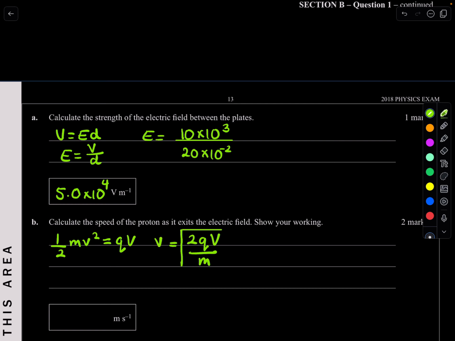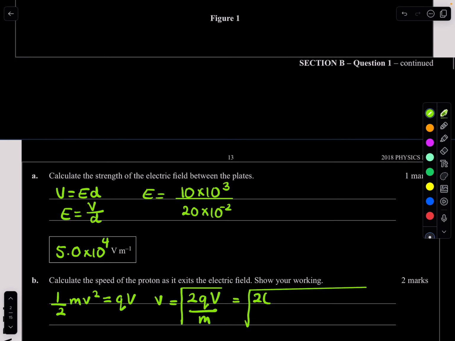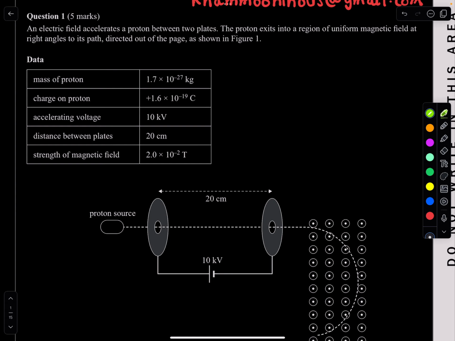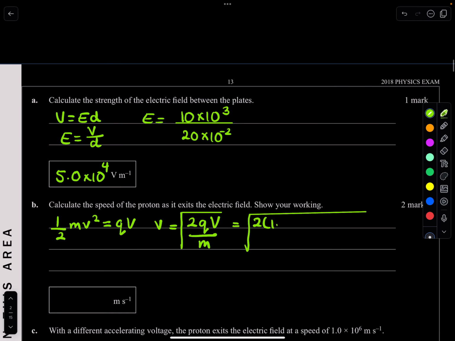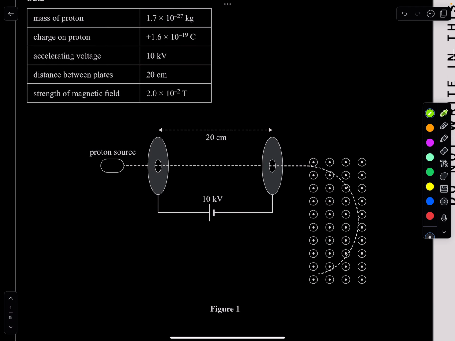I rearranged it, and so putting that all inside: 2q, where q is the charge of the proton, 1.6 times 10 to the power of negative 19. I want to double check if that's right.